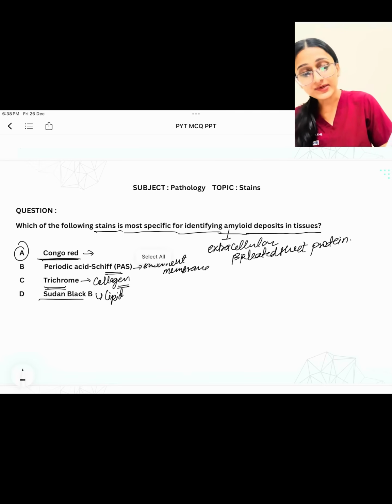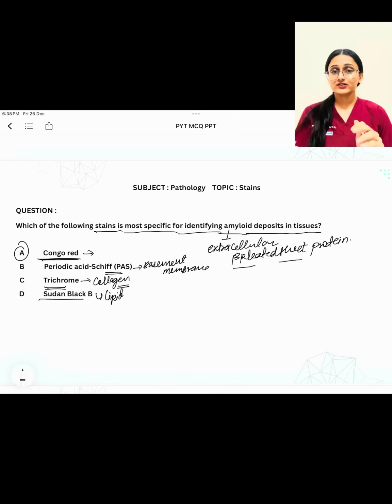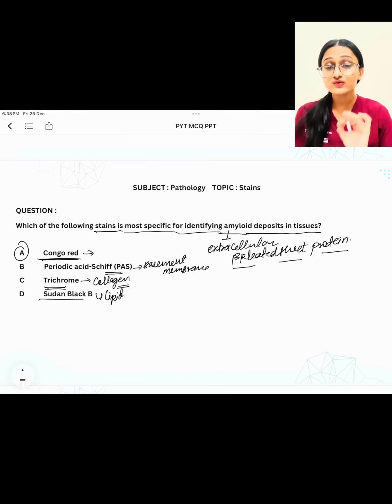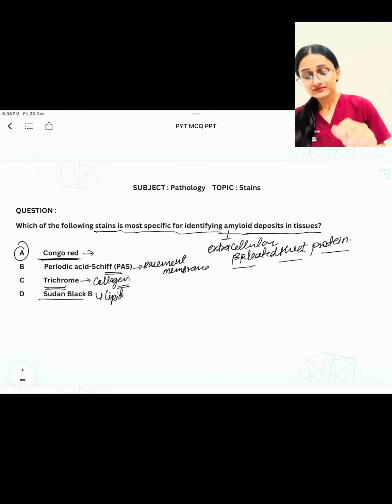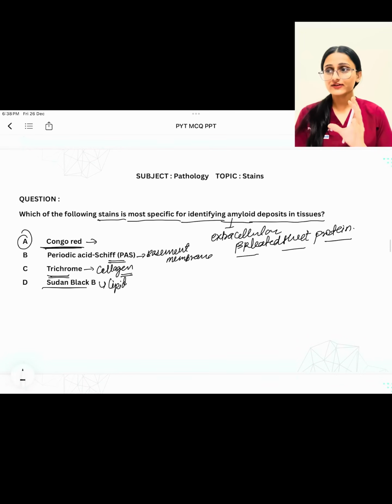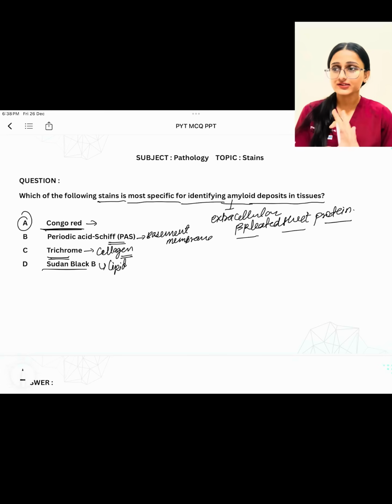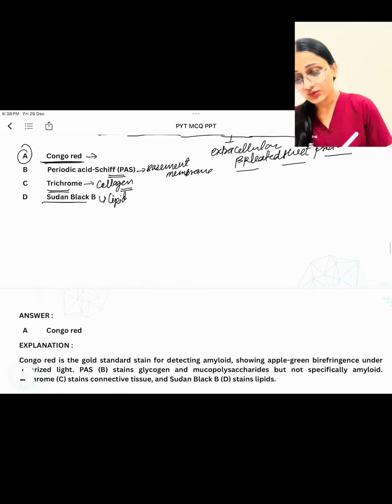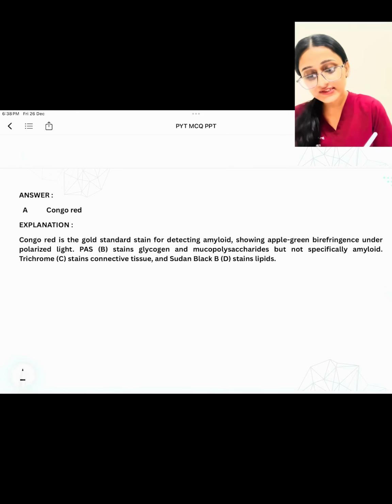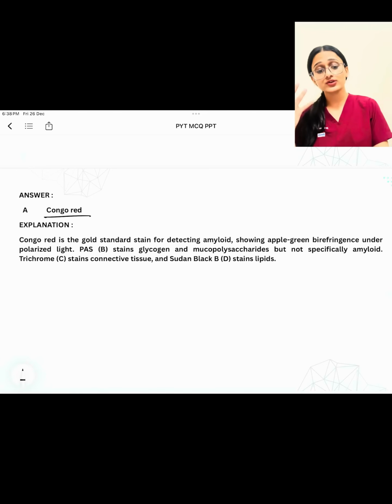See, Congo red basically detects this beta pleated sheet structure. That's why it is specifically used for amyloid deposits. Okay, so basically it gives this apple green birefringence in the polarized light. So just you have to remember this keyword for this question. Okay, so Congo red is the gold standard stain for detecting amyloid, showing apple green birefringence under the polarized light.